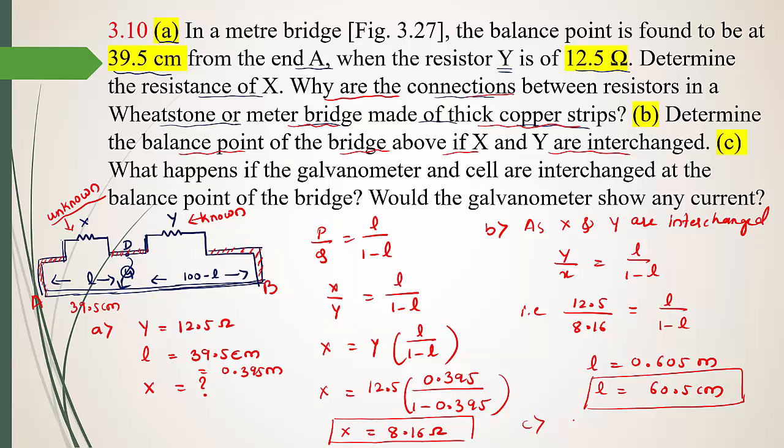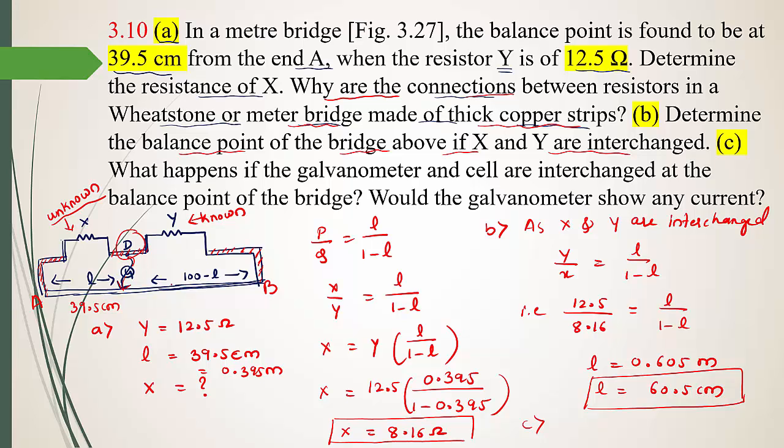Then the third question. What happens if the galvanometer and cell are interchanged at the balancing point of the bridge? Would the galvanometer show any current? See here, when the galvanometer and the cell are interchanged, then we will not get any current through the galvanometer, because remember in the connection at point D, the galvanometer is connected and one end of the galvanometer is connected to the jockey.